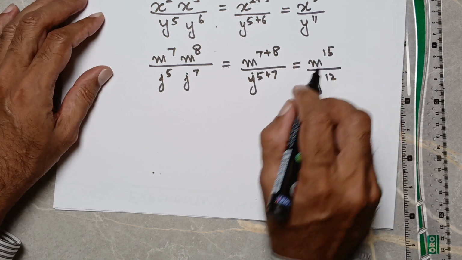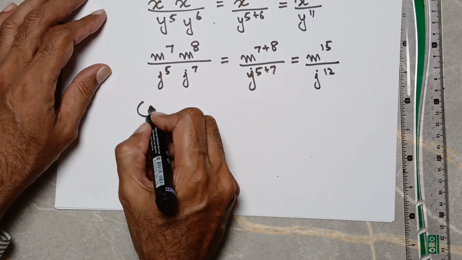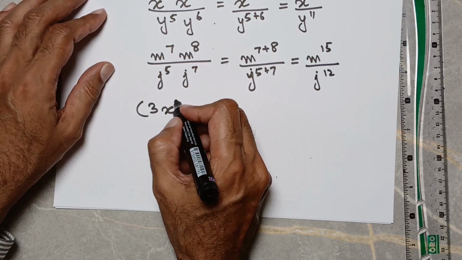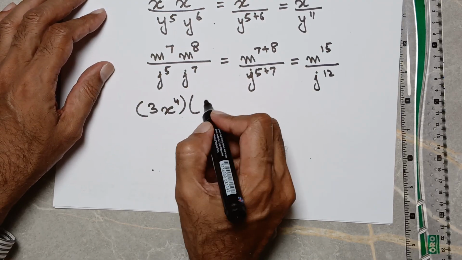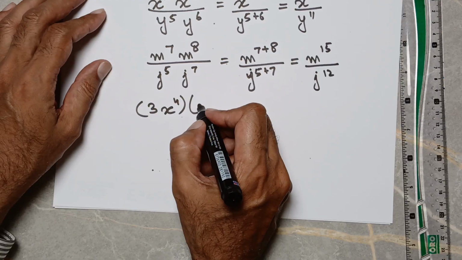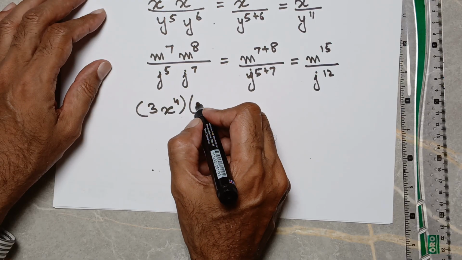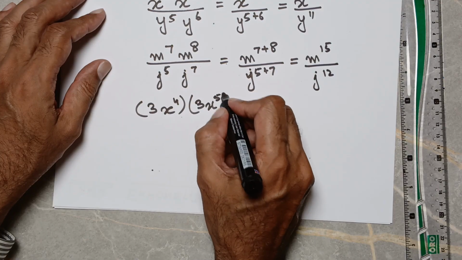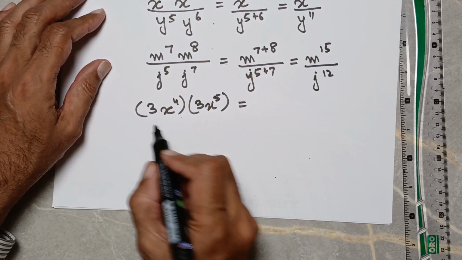Suppose that we have a question like 3x raised to the power 4 and 3x raised to the power 5. Now, what are you going to do?